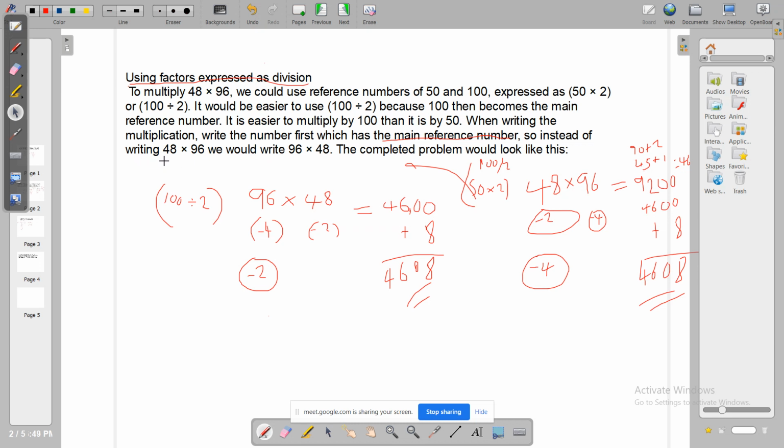I know that if I divide 2 by 100, I'll get 50. So I'll do my division here. 50, 2 from 50 will give me 48. So now I have my minus 2 here. Do you understand? Now because we are using the two-factor reference number, the sign here is not multiplication.